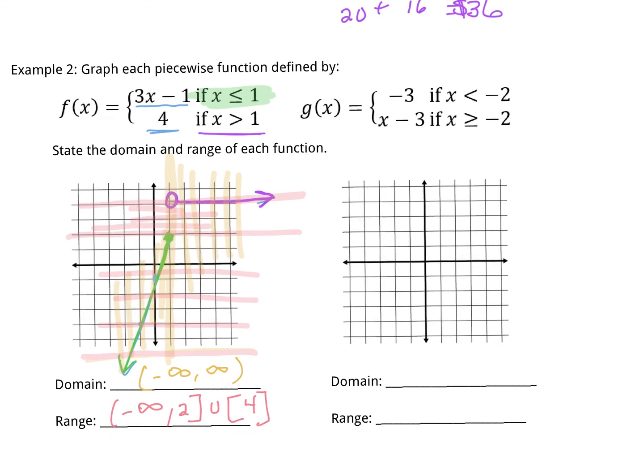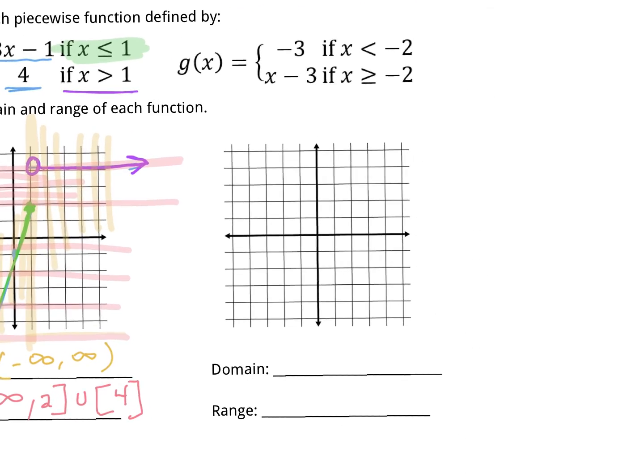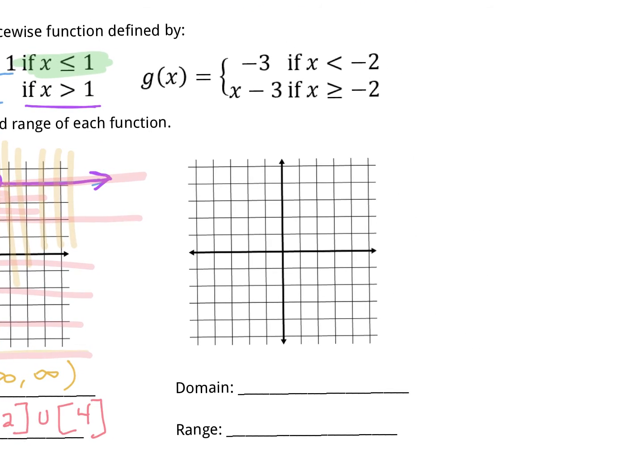Okay, all right, and now let's take a look at this one. I'm going to make it a little bit bigger so it's a little bit easier to see. I'm going to graph this one strictly by just looking at points, except for obviously this part here where we're drawing our line. So the first part of this graph, we're just graphing y is equal to -3, but I'm going to take into account that x is less than -2 to begin with.